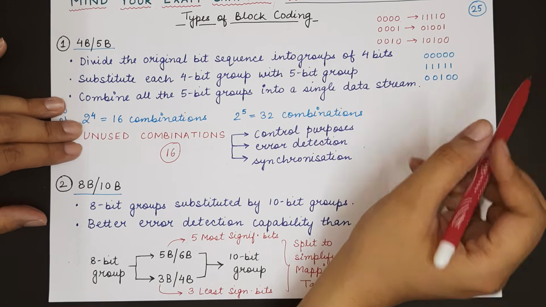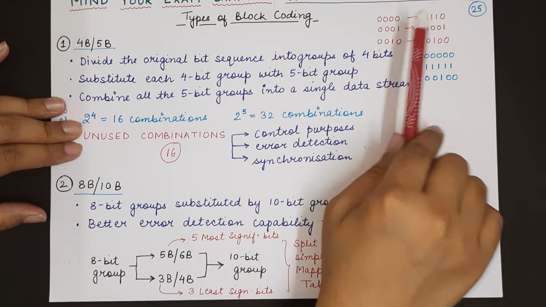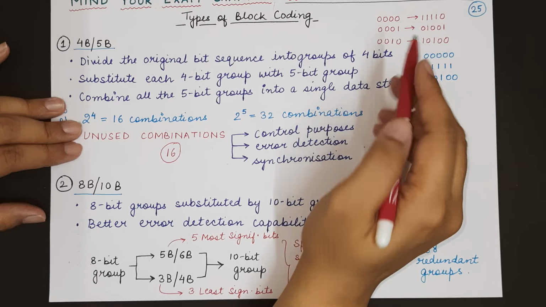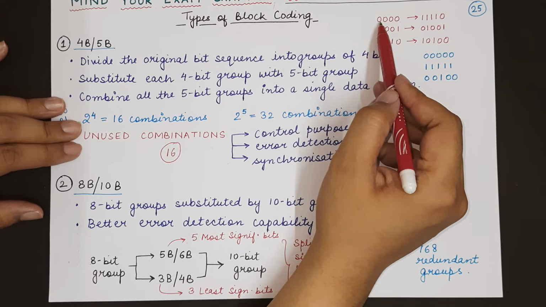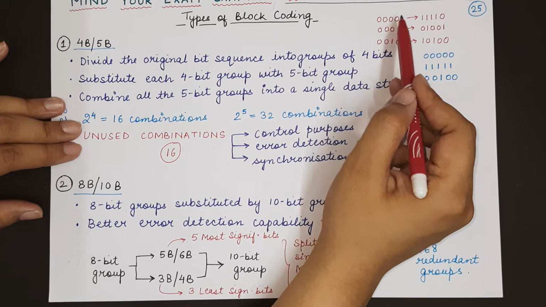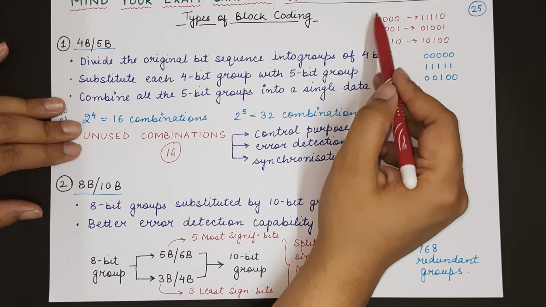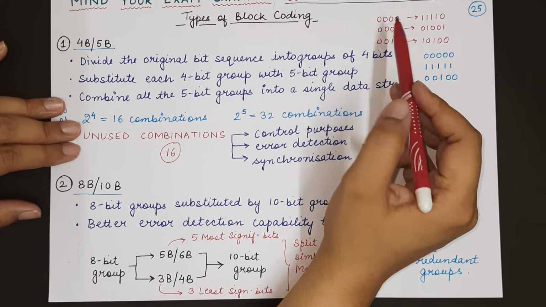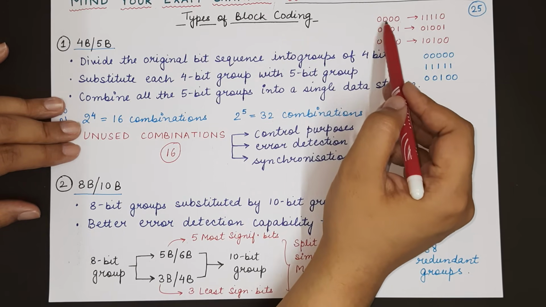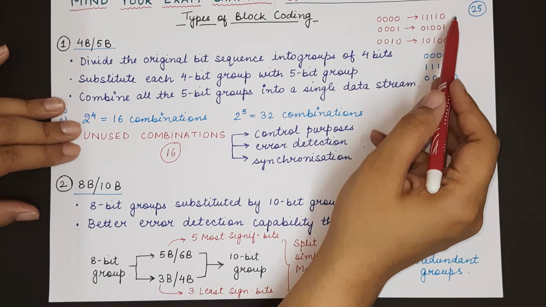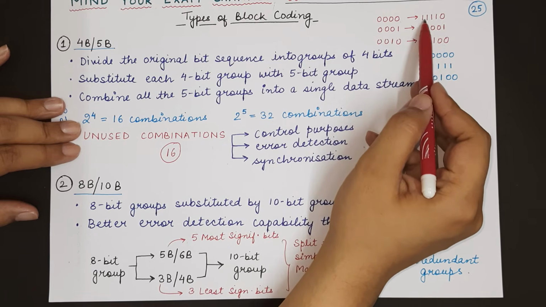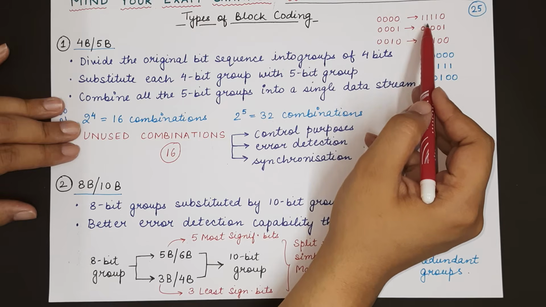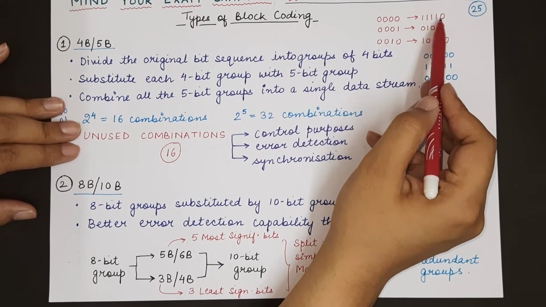So basically, in block coding, we define a table in which we say that earlier 0000 was represented using 4 bits, and now after block coding, 0000 will be represented using 5 bits, and that combination will be 11110.